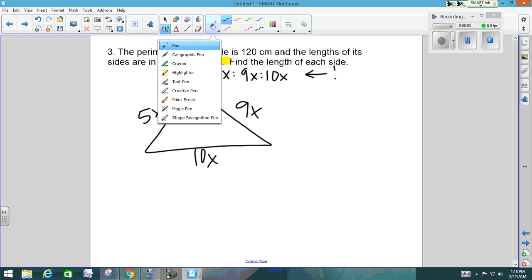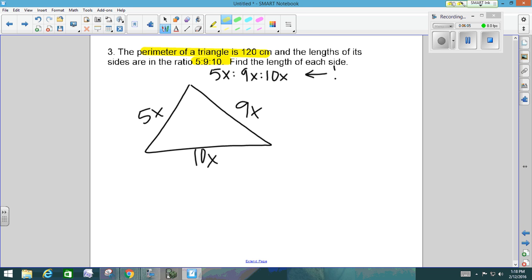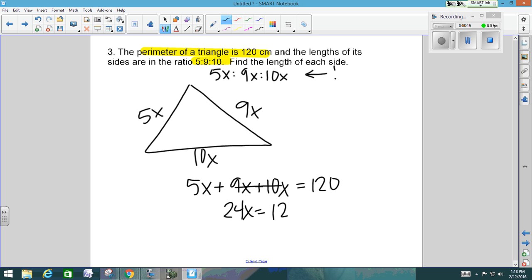Well, the perimeter is 120. And you guys just said perimeter is the sum of all the sides. 5x plus 9x plus 10x equals 120. 24x equals 120. Divide both sides by 24. 5.